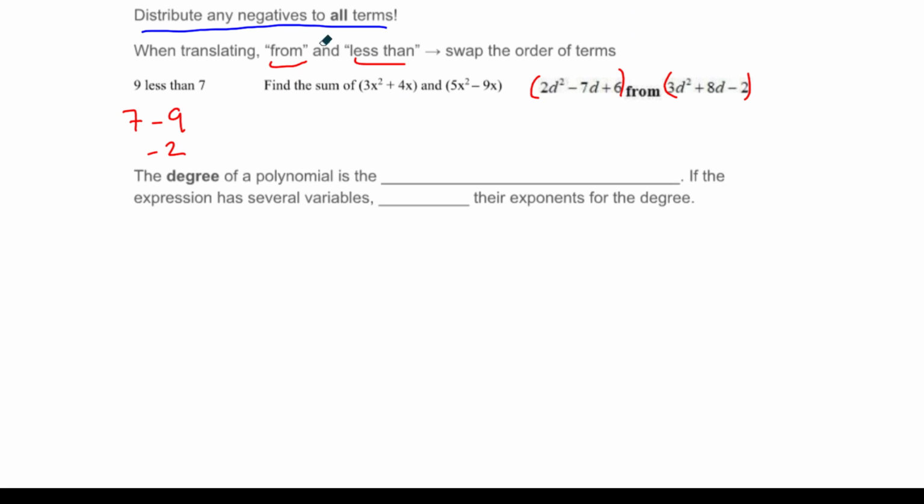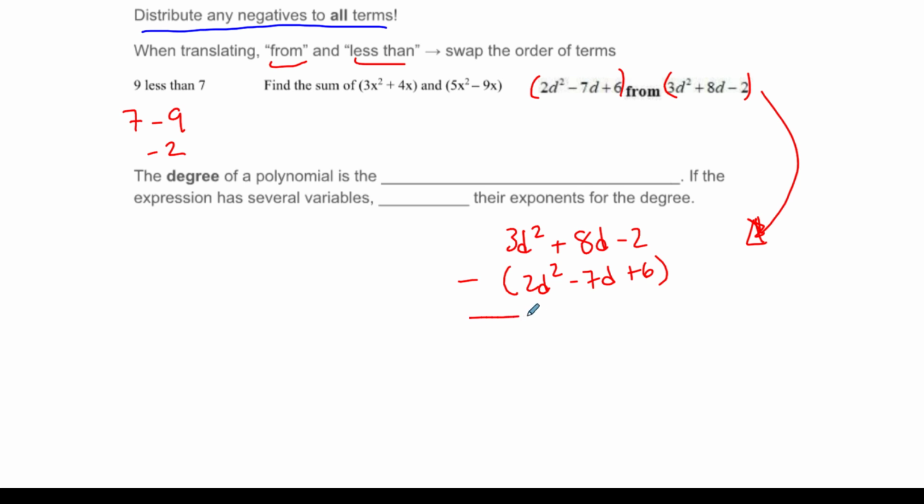Let's do this down here. So we're going to swap. So 3d squared plus 8d minus 2. And we're going to subtract 2d squared minus 7d plus 6 from it.